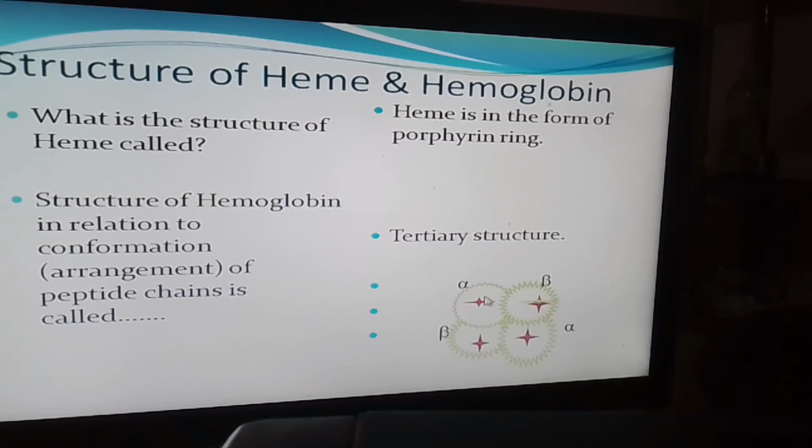You can assume it as a folded structure with hydrogen bonds, salt linkages, van der Waals forces, and all these linkage forces that the peptide chains may join to form a hemoglobin molecule. So in general it is called tertiary structure because of the complexity of the foldings making a united molecule of hemoglobin.